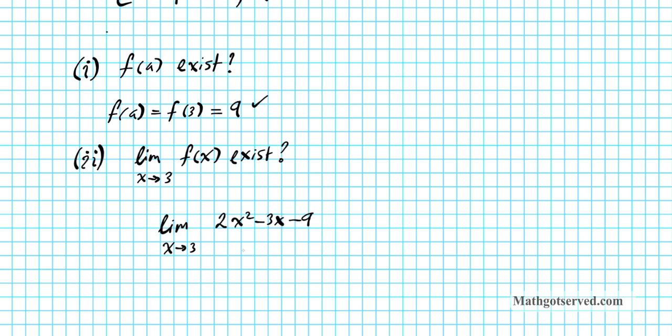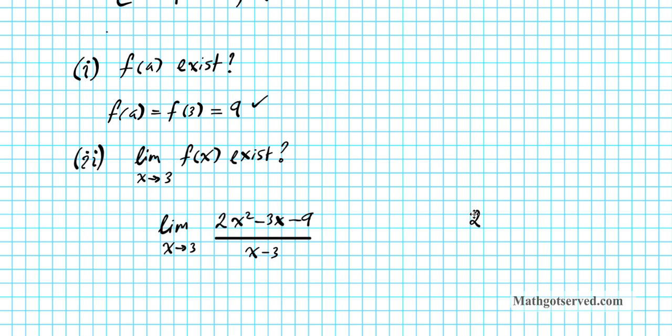So this is the function in play when you're not at the value of 3. From the left and right, this is the function we're going to consider. Plugging in 3, you can clearly see that we'll have some complications in the denominator, so we have to see if we can reduce this discontinuity.